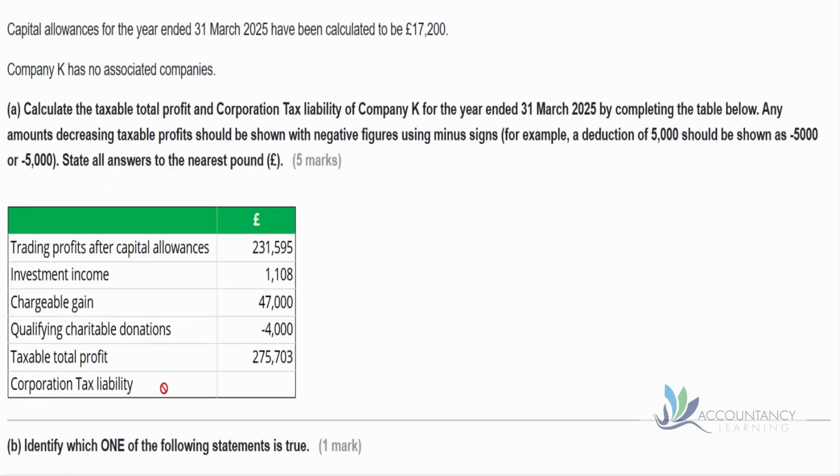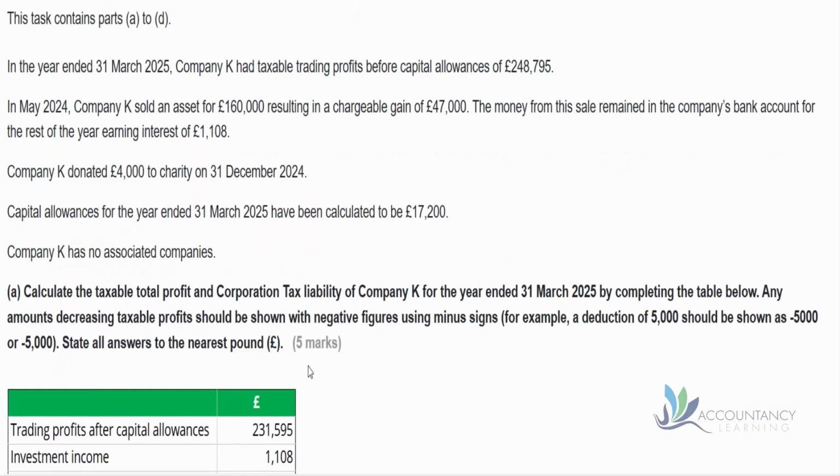So that means our taxable total profit is 275,703. And I've gone through all the text to make sure we've covered all of those numbers.